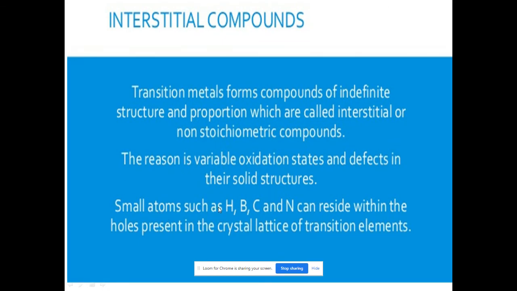Small atoms such as hydrogen, boron, carbon, nitrogen can reside within the holes present in the crystal lattice of transition elements. So these compounds so formed are known as interstitial compounds or non-stoichiometric compounds.